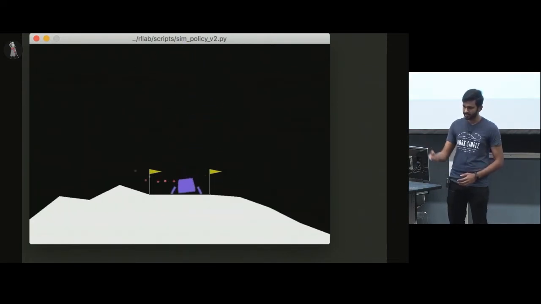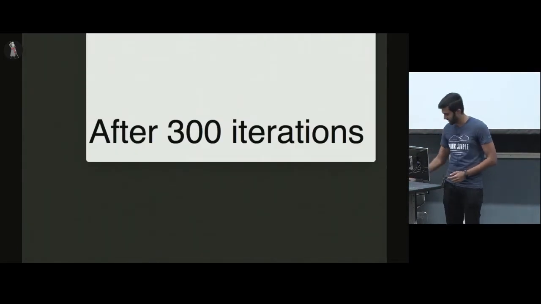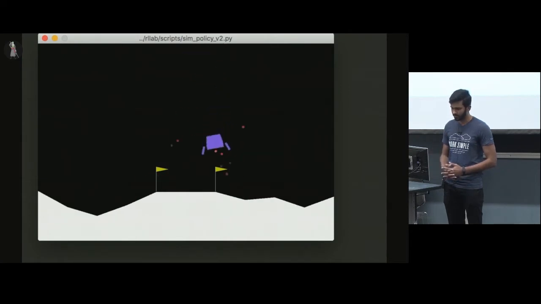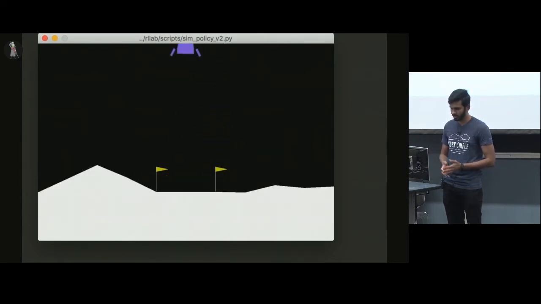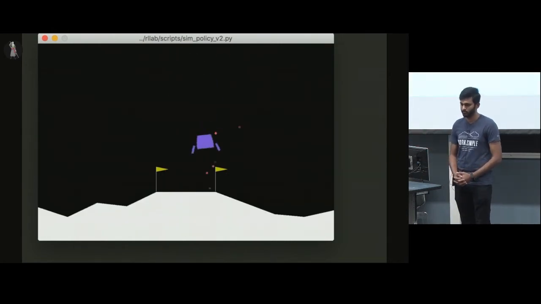As you can see in the initial iterations, the Lunar Lander has a very hard landing, and after a significant amount of training, it does manage to land pretty smoothly and without deviating much from the initial position.